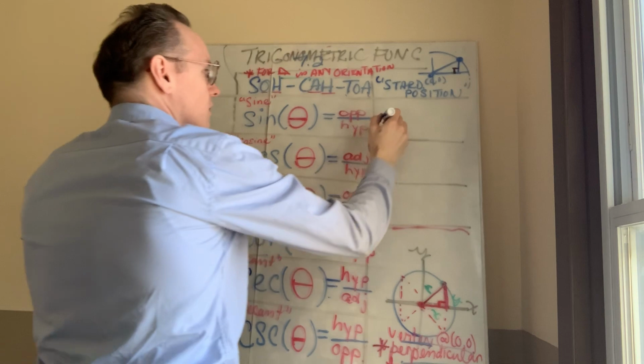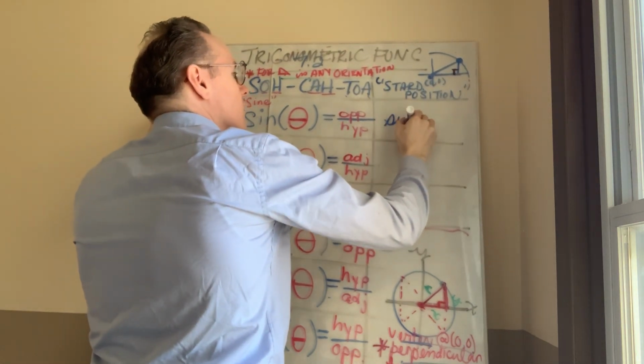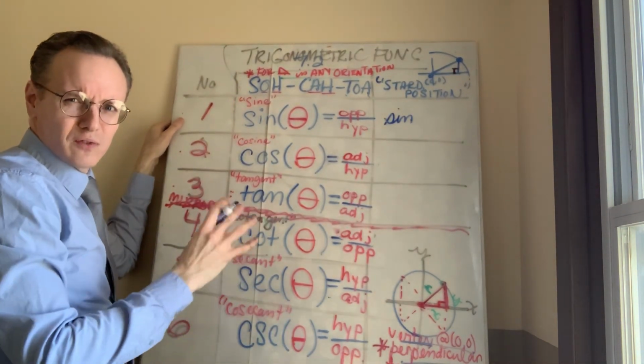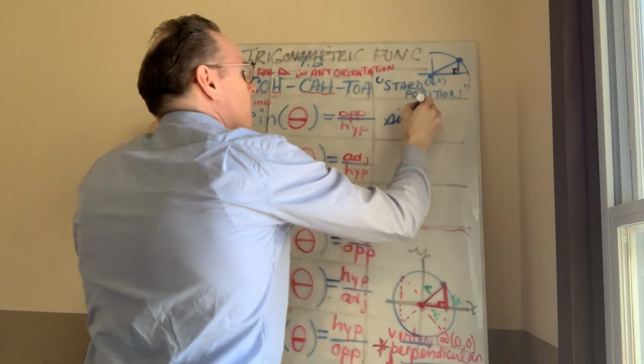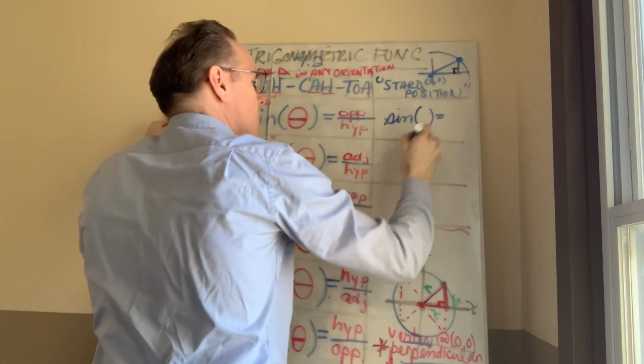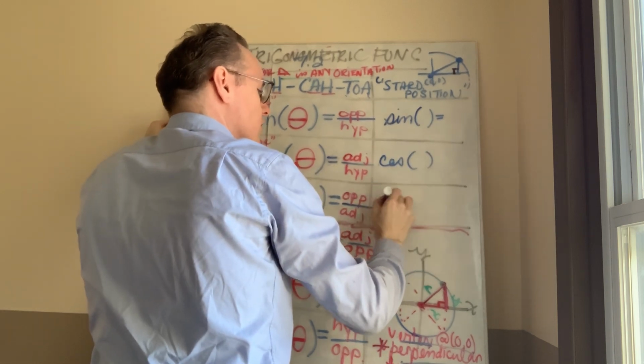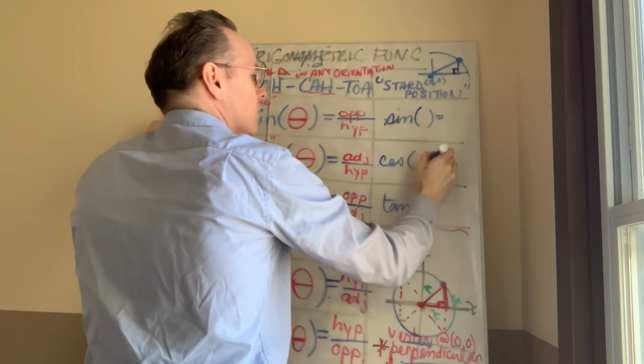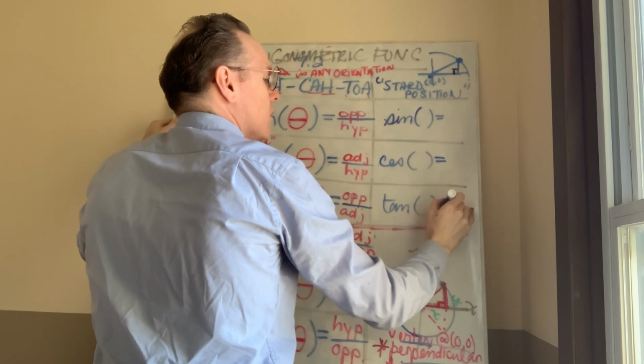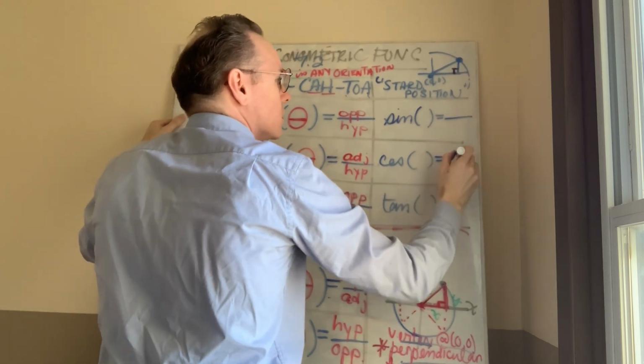I'm going to write this here, and I'll put it in script. It doesn't have to be, but just to distinguish it. It's sine of theta, cosine of theta, tangent of theta. This is moving around a little too much.